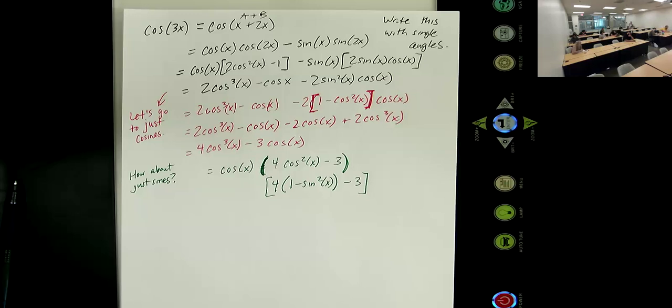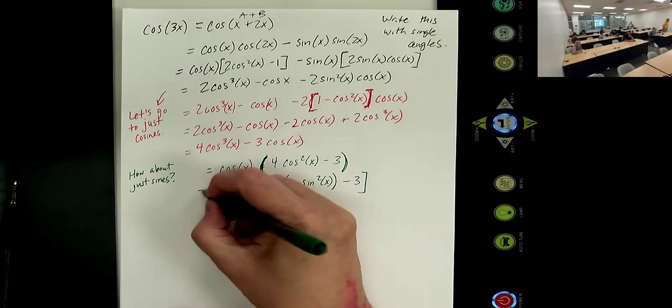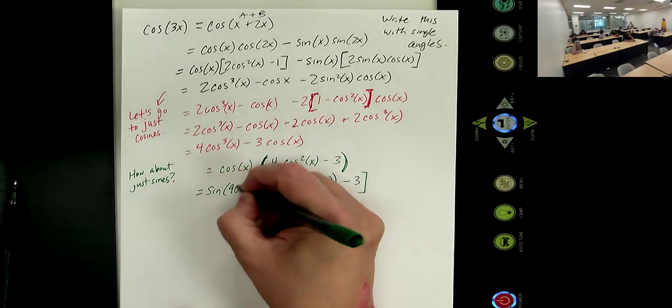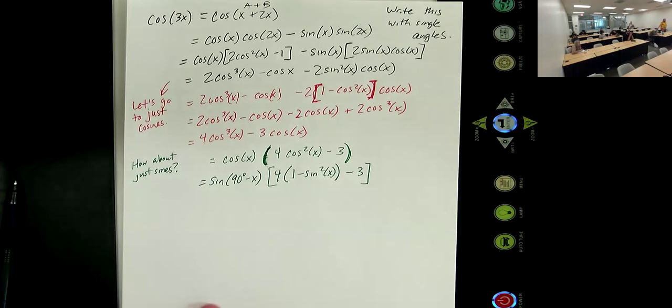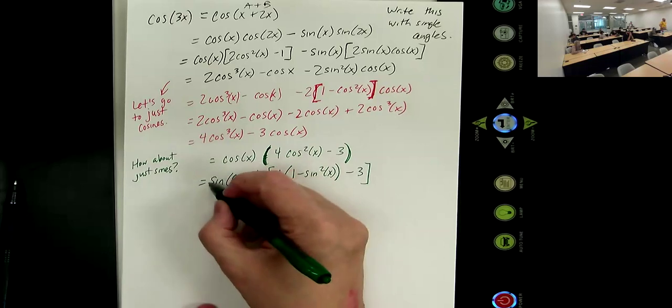Yeah, cosine theta is sine of 90 minus theta. So I can do this as sine of 90 degrees minus x. Wait, that's going to switch to cosines and sines though, that's not helpful.